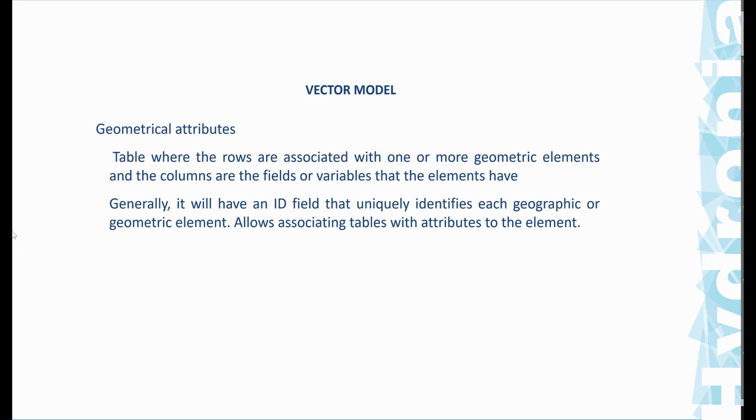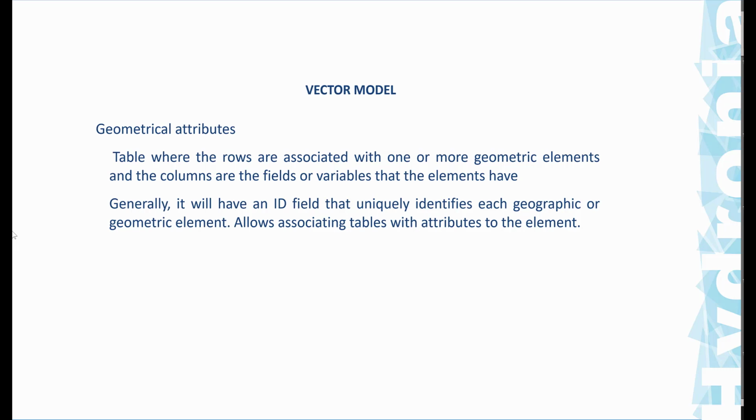One of the advantages of the vector model is that the spatial elements have associated attributes. And this relationship can be one-to-one. So one spatial attribute corresponds to one record, or many-to-one. That means that several spatial objects can have one record. The attributes are stored on a table where the internal identifier associates an element or several spatial elements to a record in the table.